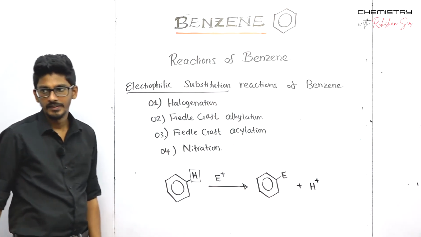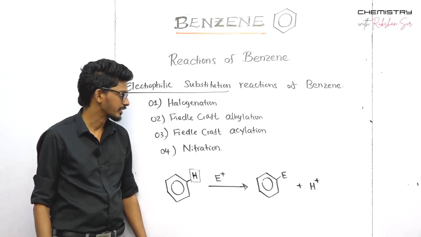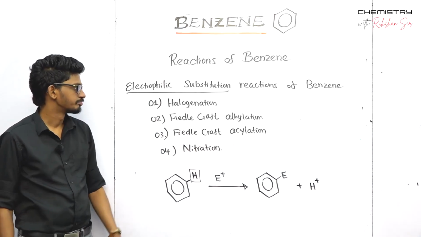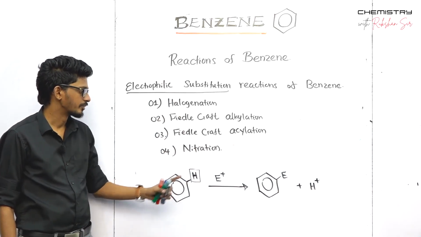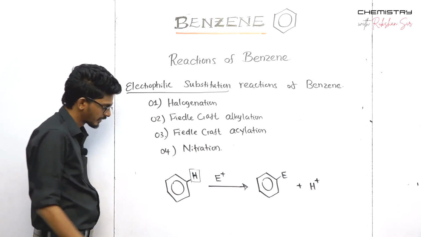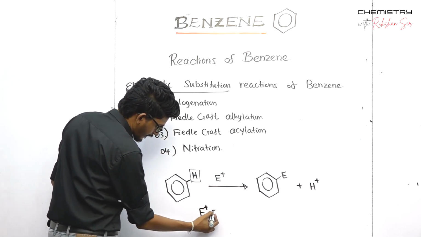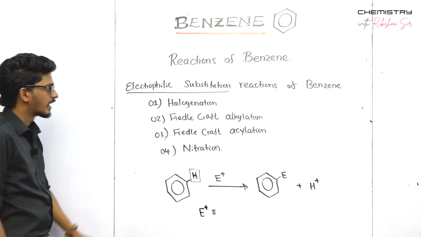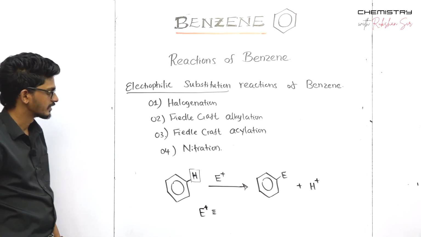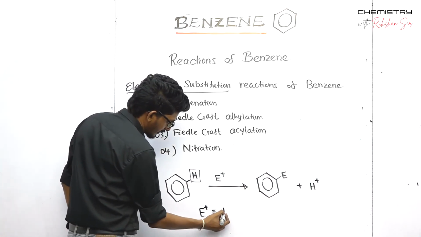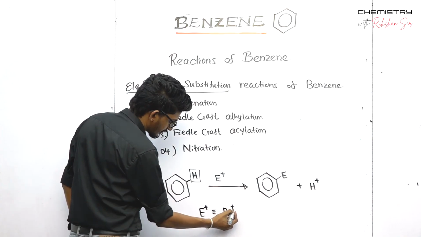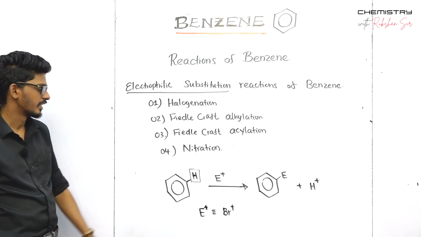This is the simple form of representing these electrophilic substitution reactions. Here, when regarding the halogenation, E plus is equal to Br plus. Halogenation means you are just trying to connect some halogen.